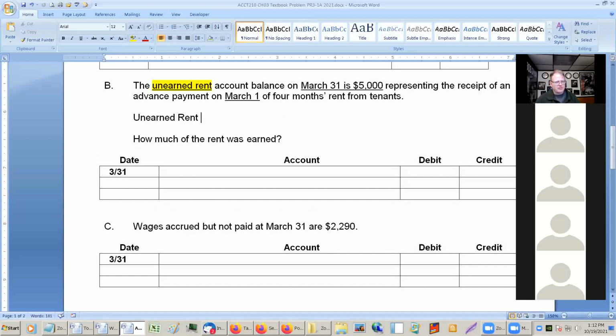So unearned rent, this is unearned revenue. You probably have it, put that in, but unearned revenue of 5,000 divided by 4 months equals 1,250 per month.